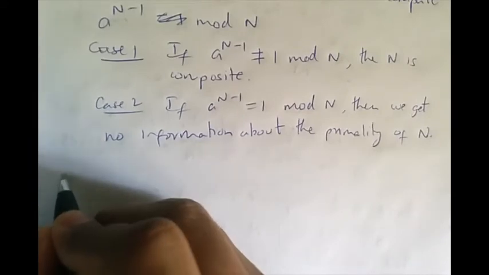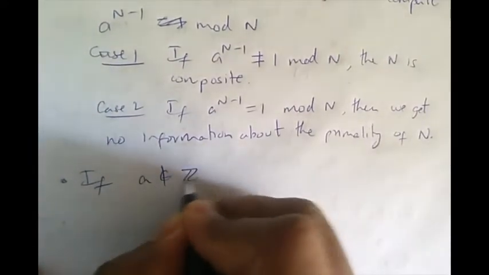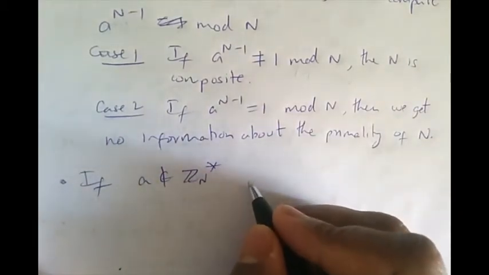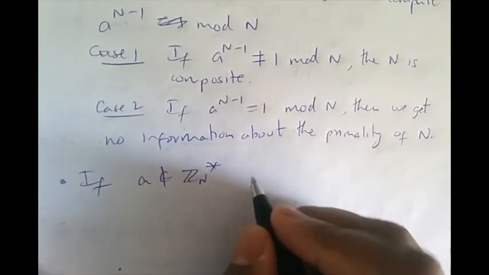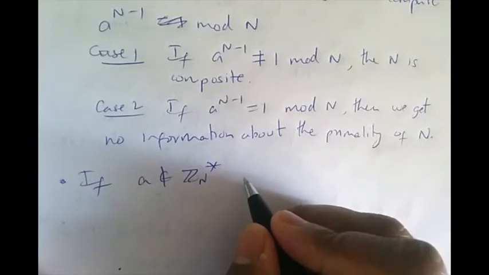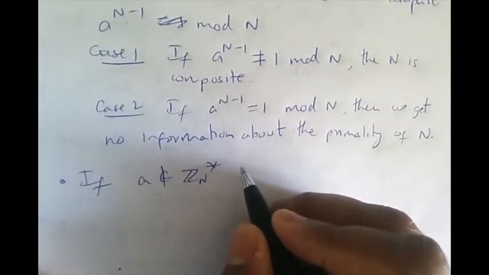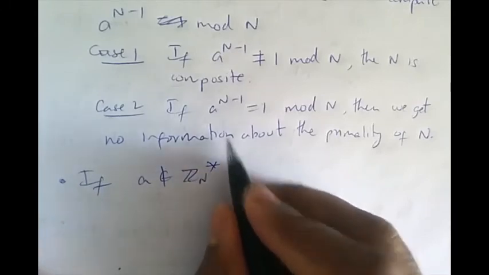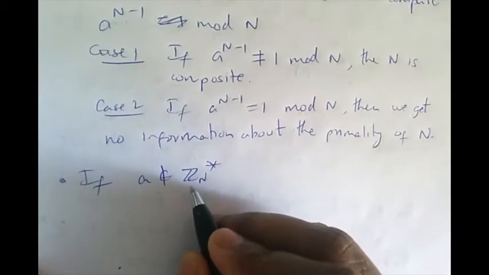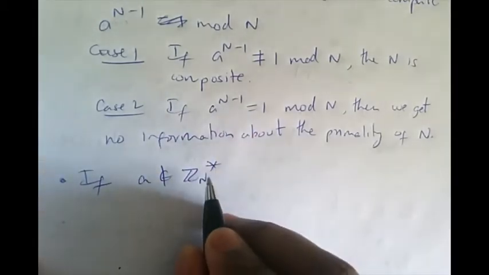If A is not in Zn star, that is, if the GCD of A and n is not equal to 1, then n is composite, because then n has a divisor which is not 1 or n. But when we choose this A, we don't know whether it's in Zn star or not. So we just choose one randomly. We're not going to compute the GCD. We're just directly going to compute this A raised to n minus 1.